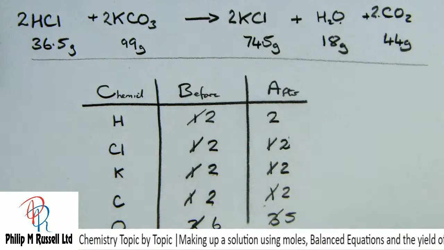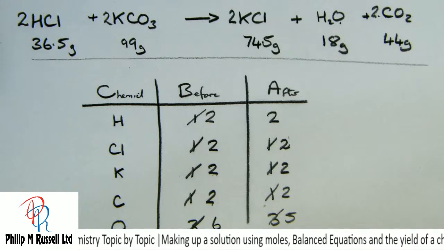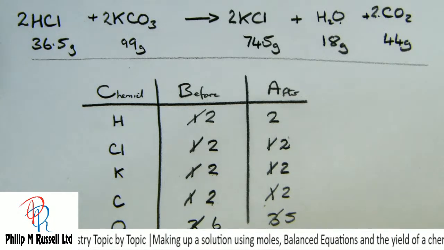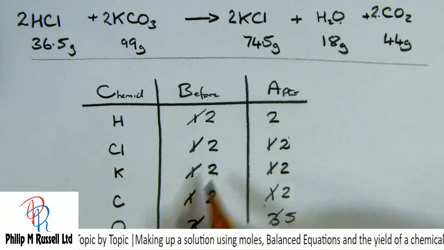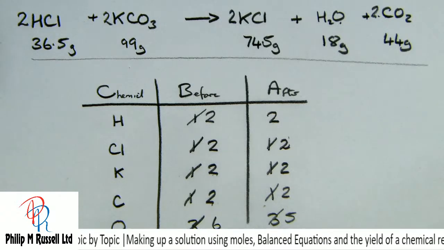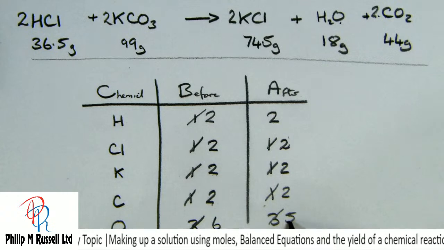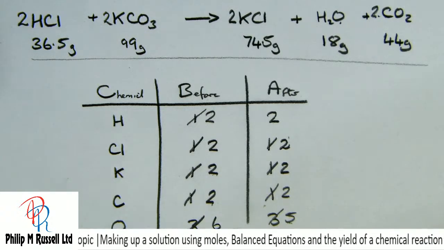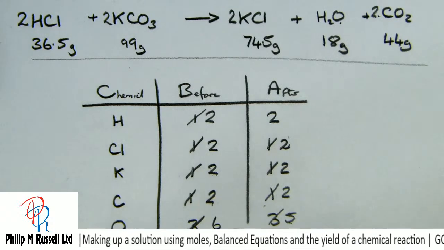We're still not balanced. So we're going to have to work on this a little bit harder. What I need is an extra one here. So let's see what we can do with this.